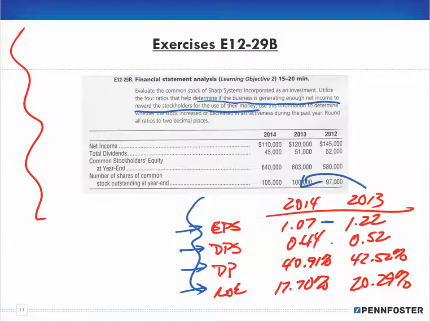My dividends per share also decreased, and the same, you should understand that relationship. My dividend payout decreased, and my return on equity decreased.